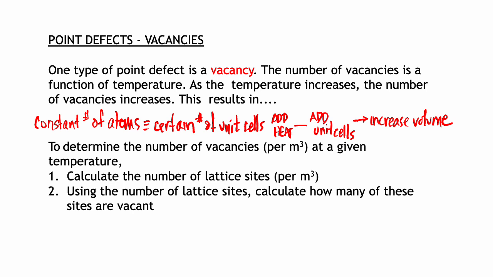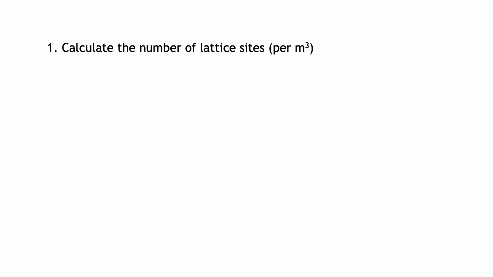Now, in order to calculate the number of vacancies at a specific temperature, there are two steps involved. The first step is to calculate the total number of places that there could be an atom. And then we use an equation to take that number and determine how many of those sites are vacant. To calculate the number of lattice sites, per unit volume, I know density will give me atoms per unit volume.